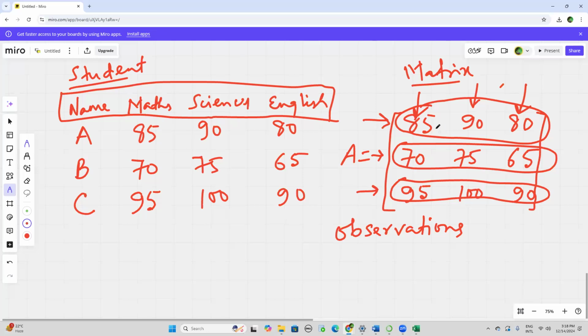Whatever you are doing in matrix is used for calculation purposes. We are not going to show this to the client or on a Power BI report. Got it? This is just for calculation. If you remember, when you were appearing for the 10th standard mathematics paper, you were given a separate rough paper in which you do rough calculations, and it is your wish, you can do any calculation there, whether the examiner will understand or not.